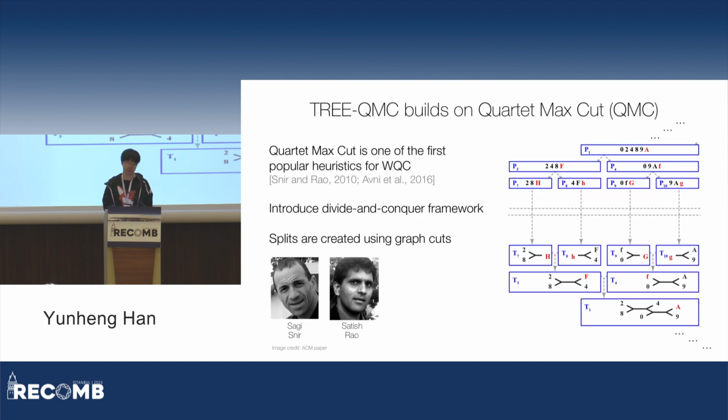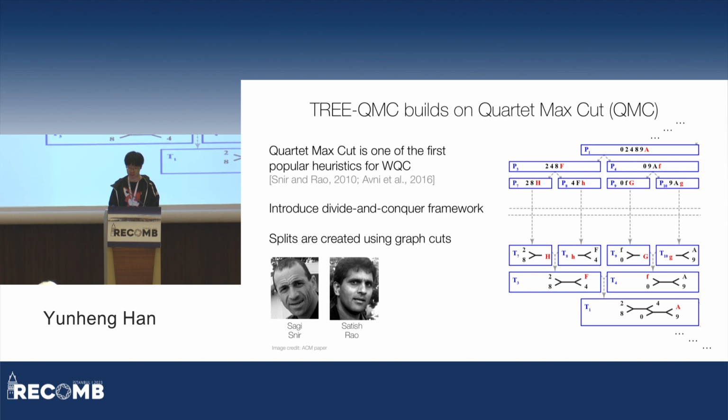Our method is built on the quartet MaxCut framework, which is a divide and conquer framework proposed years ago. It subdivides the input taxa set into smaller sets by seeking a partition of the set using graph cuts.